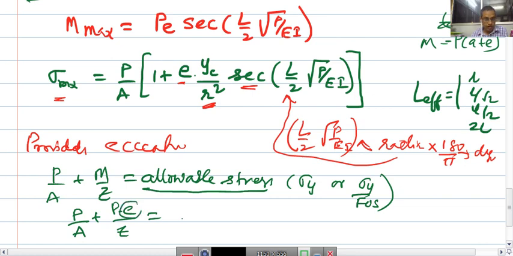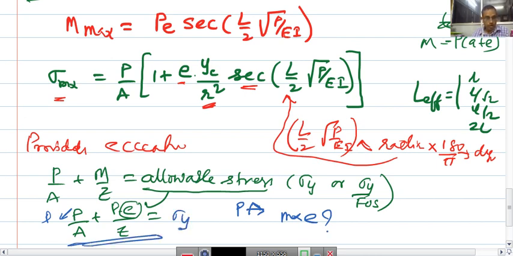So, from that you can find out the E. So, this is the maximum eccentricity that can be allowed if you want to put this much load P. He says I am going to provide P, so what is the maximum E? So, use this formula and get the E.